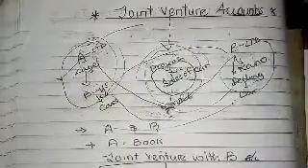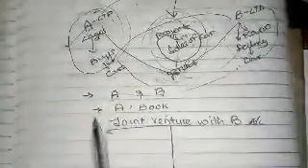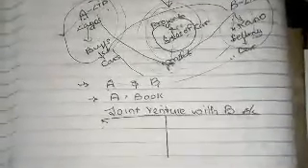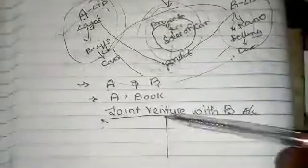All right. So in this video, we are looking at the accounting entries. Like I told you in the last video, there are basically three accounts in joint venture. Let's take, for example, A and B are venturers.